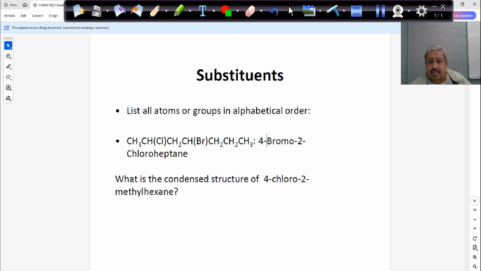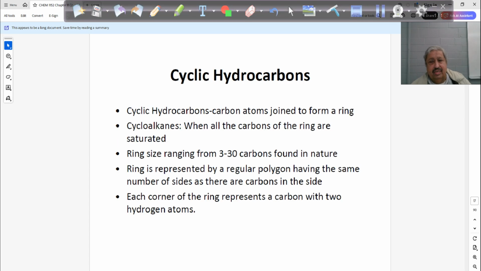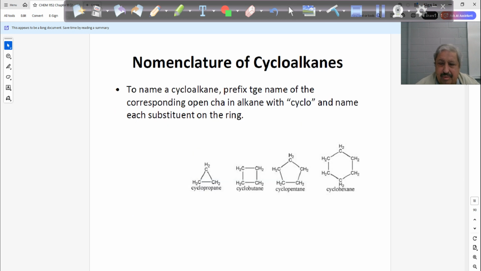So, cyclic hydrocarbons. I'll give you examples here. Cyclic hydrocarbons connect themselves in a ring.